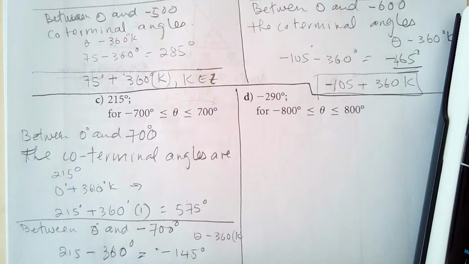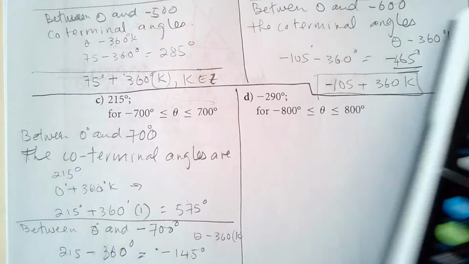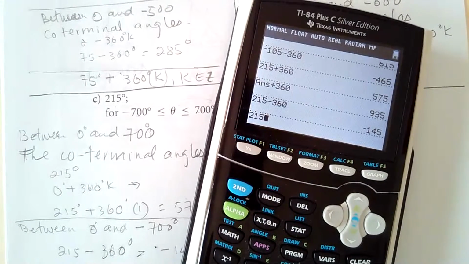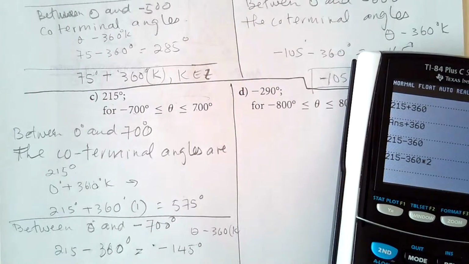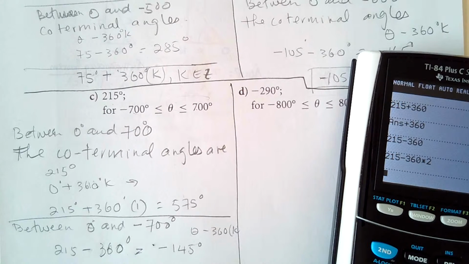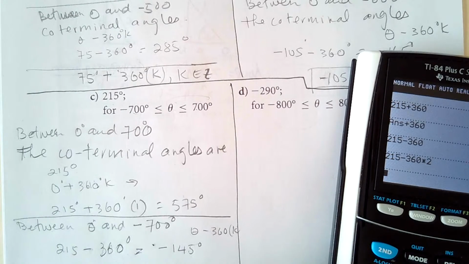And will we have any more? 215 minus 360 degrees times 2 gives me negative 505.